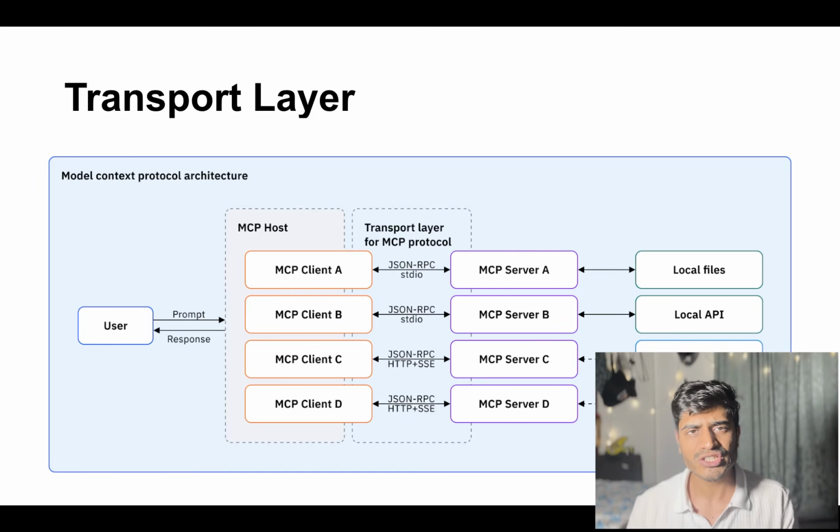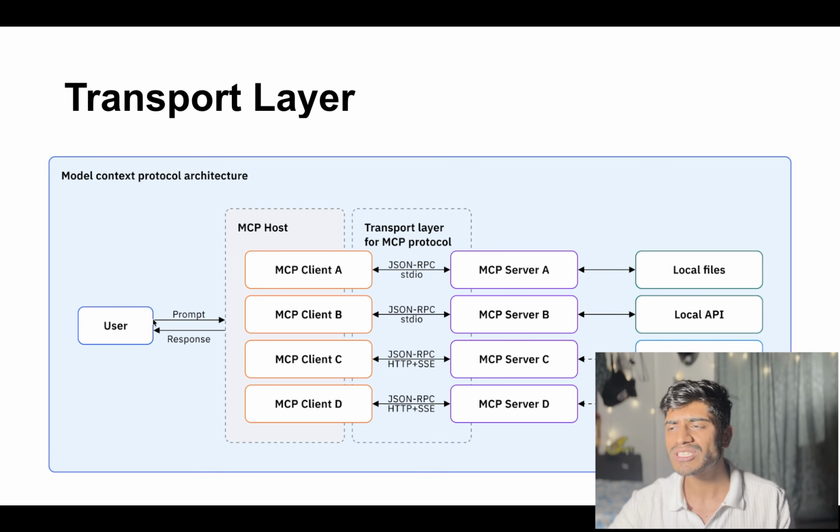If you see this illustration here, there is an entity called user, and the user is going to write some prompts, and then these prompts are passed to the MCP clients, and then the MCP clients connect to the MCP server either via the JSON RPC protocol or via a standard input output mechanism. Then these MCP servers might be connected to some data source. It can be local or a remote or external API.